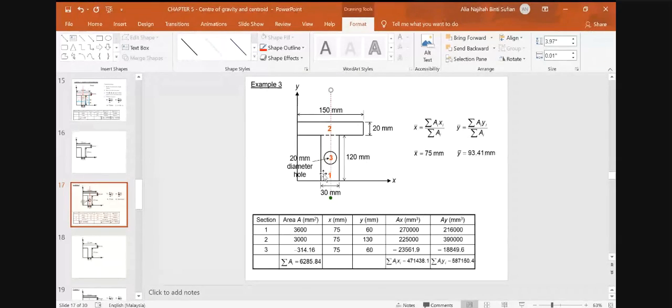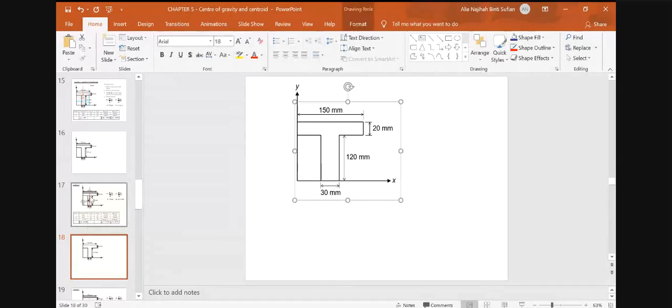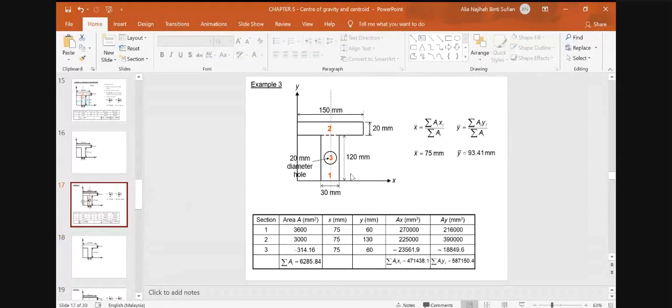So the X bar for segment number 3, hollow here, is again similar, which is 75 mm, and the Y bar is similar with part 1, which is also 60 mm. Then we get the AX with the minus 314 here. We will have minus AX and minus AY. And we sum up all the AX, sum up all the AY, sum up all the A's.